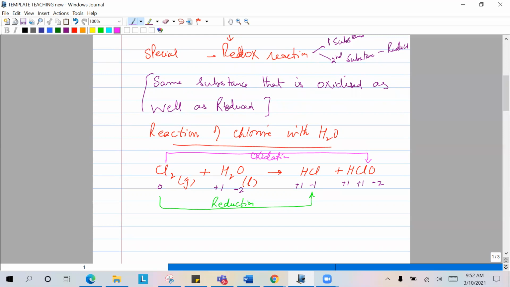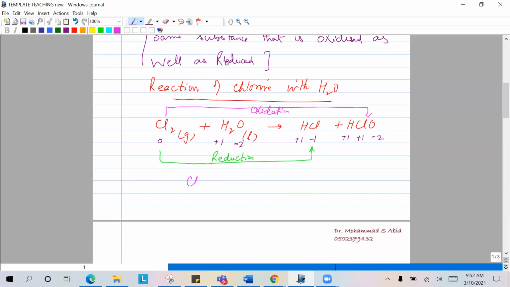So the chlorine is oxidized to HClO and reduced to HCl. This is an example of a disproportionation reaction because the same substance is being oxidized as well as reduced.